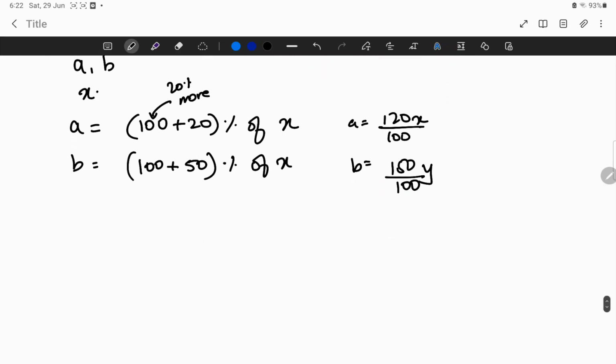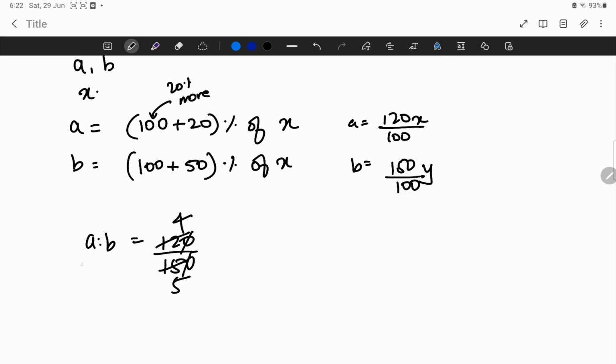So what we do is, your a is to b will be equal to a upon b, which is 120 upon 150 in this case. You cut these two numbers, 3 4s are 3 5s are.